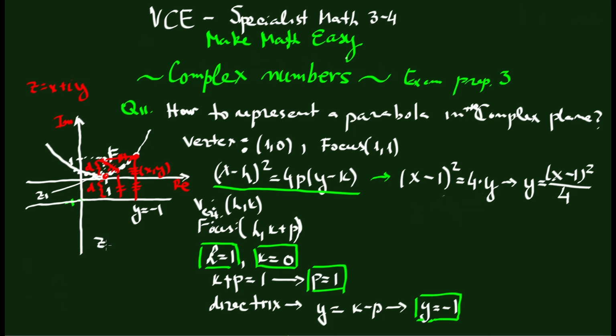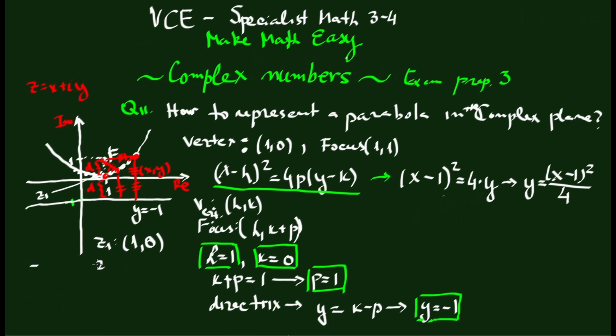So Z1 has the coordinates of the real part 1 and the imaginary part 0. Now, how can we write that in the complex plane?